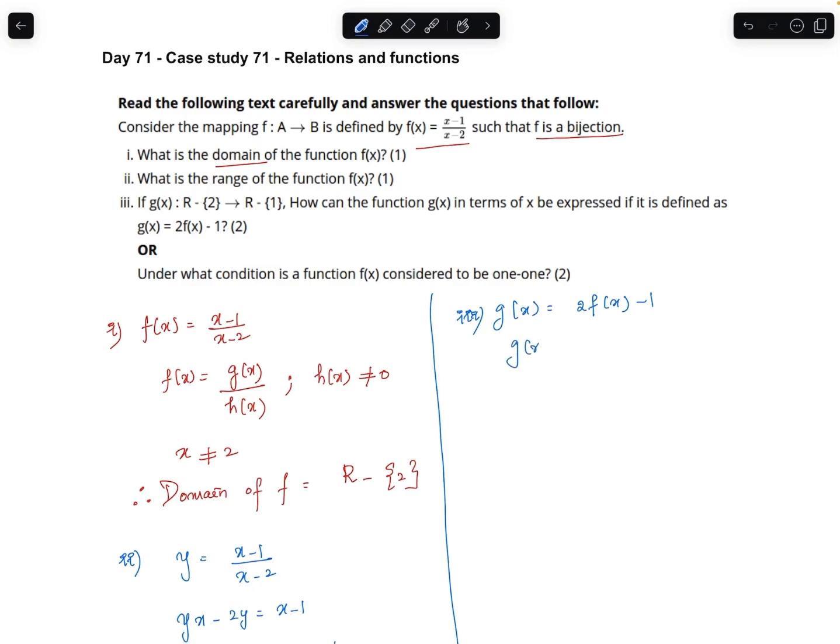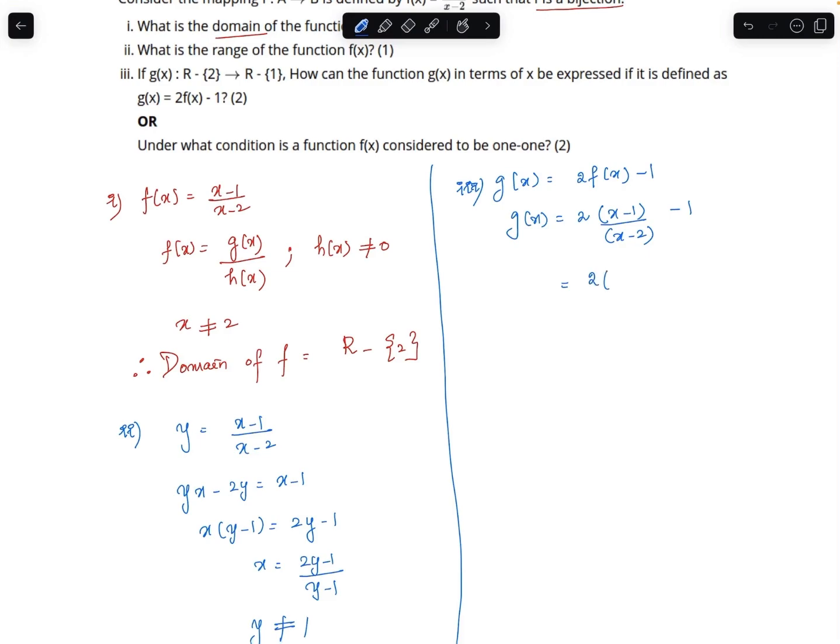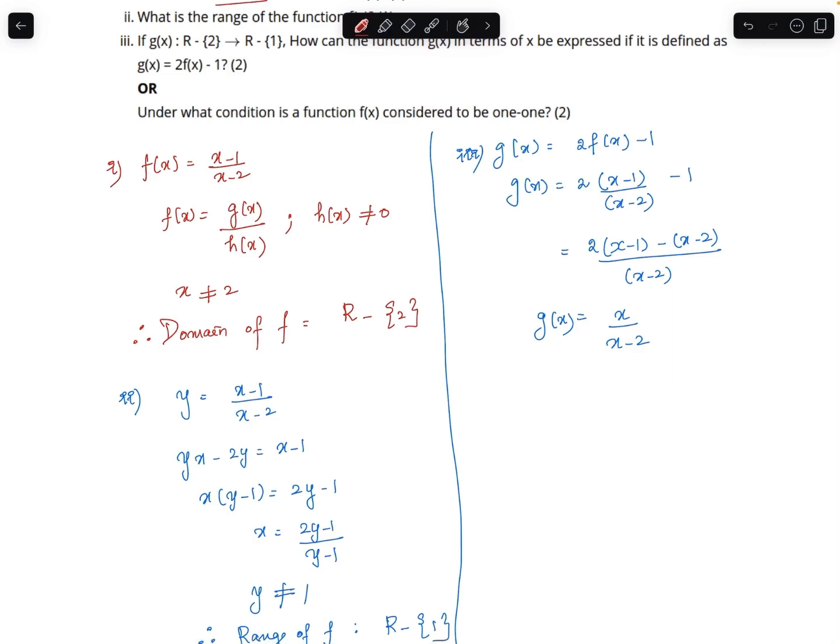So g of x is equal to 2 times f of x, which is x minus 1 upon x minus 2, minus 1. Getting the LCM, we get 2 times x minus 1 minus x minus 2 upon x minus 2. On simplifying, we get x upon x minus 2. So this is g of x in terms of x.